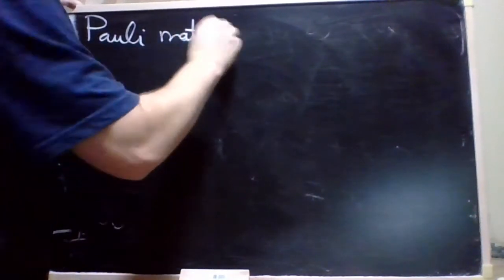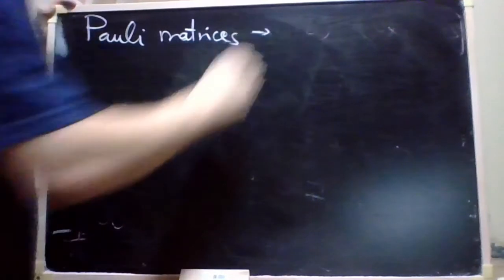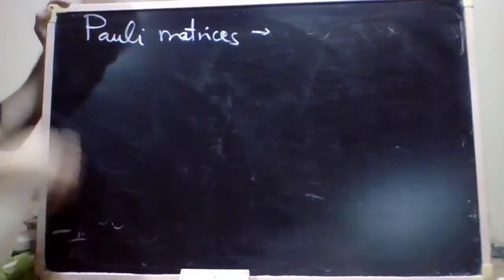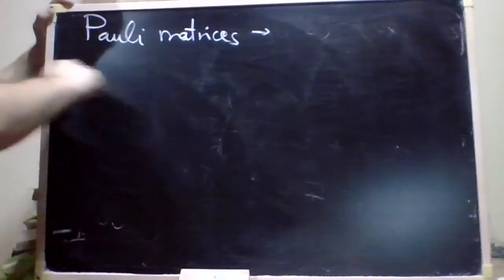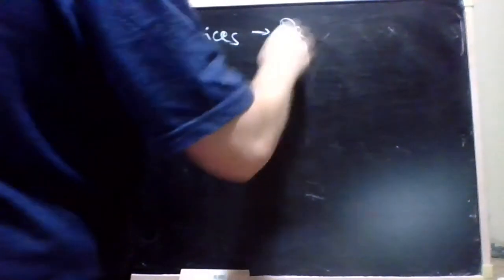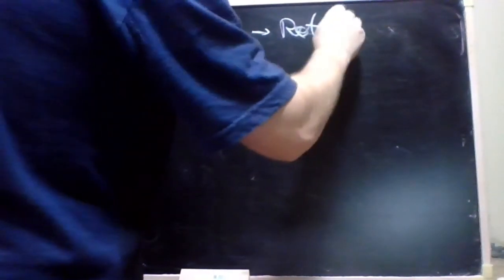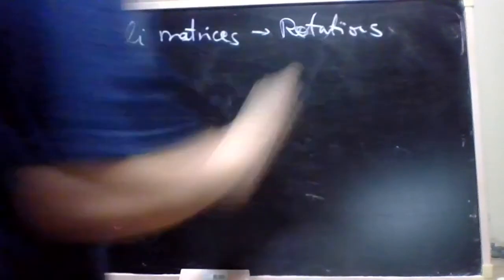We did that via examples, but it's beyond the scope of this lecture; I can demonstrate in full that Pauli matrices are linked to rotations.